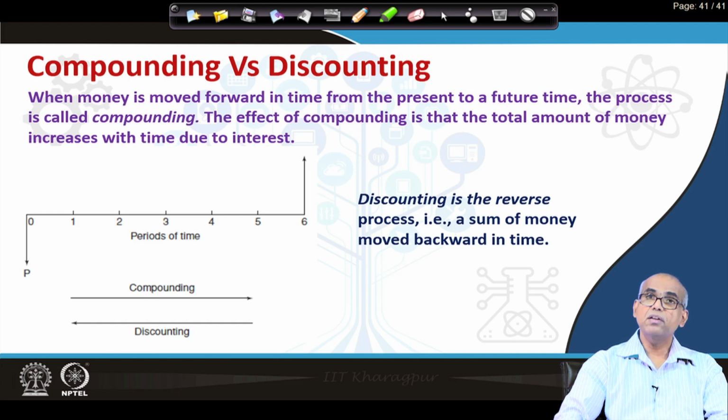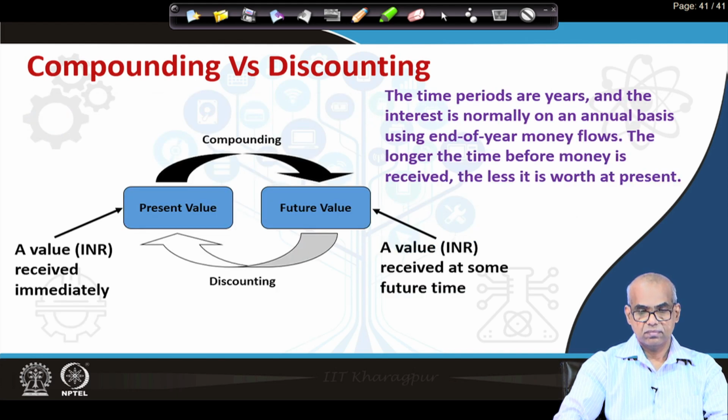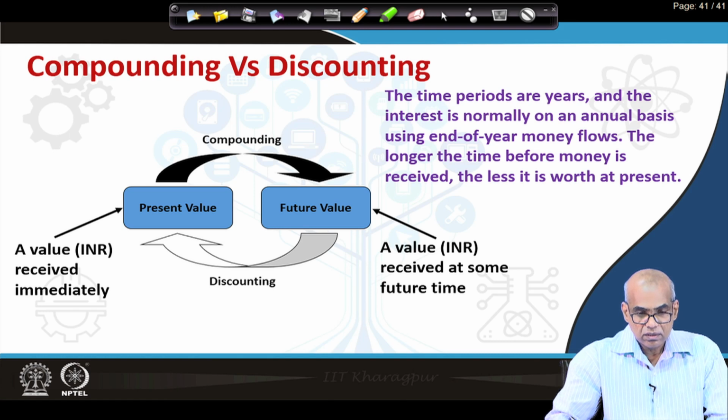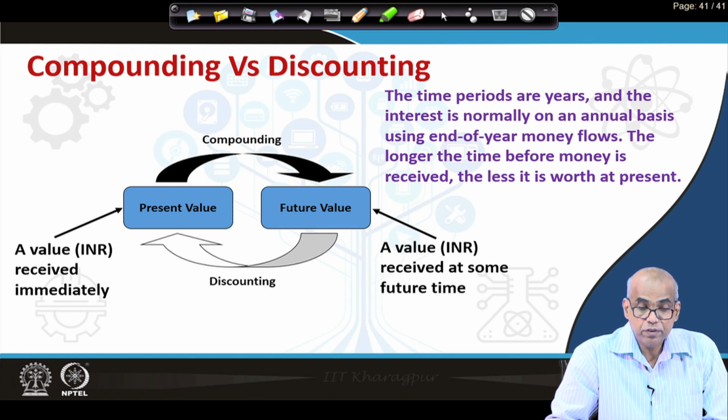Discounting is the reverse of compounding. So, a sum of money is moved backward in time during discounting. So, present value goes to future value due to compounding and future value goes to present value due to discounting.